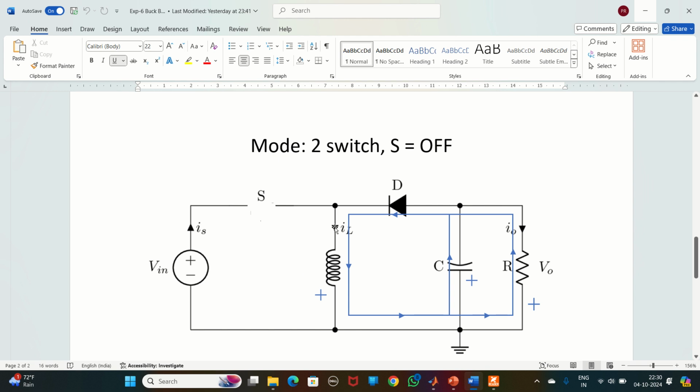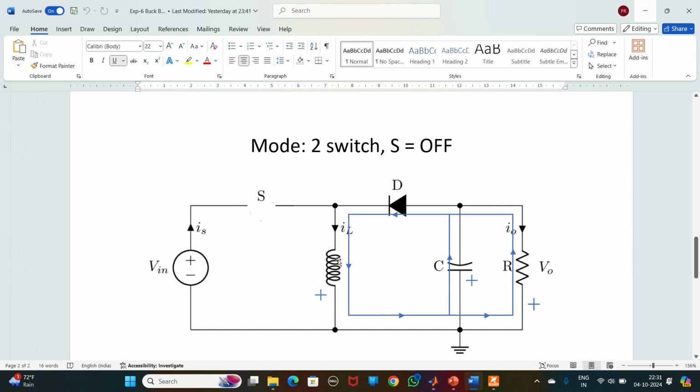IL was flowing like this, so IL will continue to flow like this. Now the capacitor is going to charge as well as supply the load. One is this path, another one is this path.